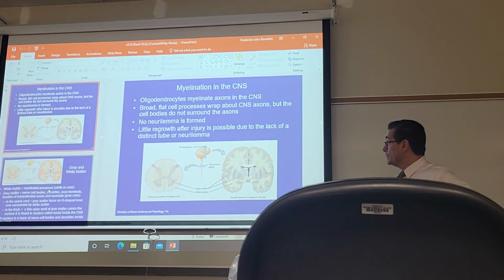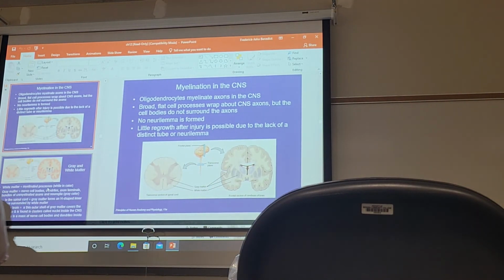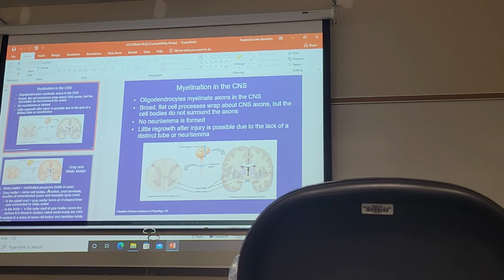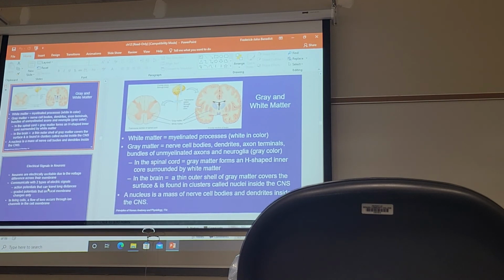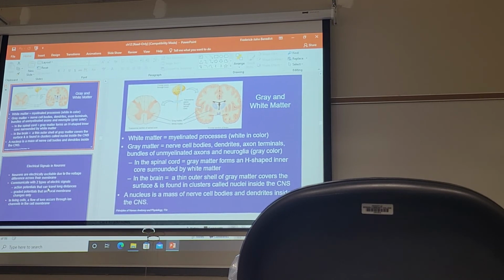So white matter is myelinated, gray matter is not myelinated, which means gray matter has a slower processing time. The periphery of the brain has gray matter. That's where you get your deep thoughts, your contemplations, things like that.